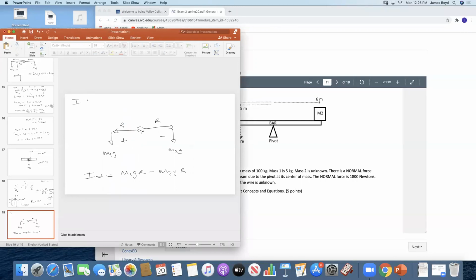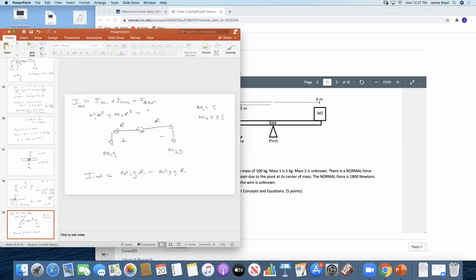Now, I for the whole system has to be I of mass 1 plus I of mass 2 plus I of the bar. I of mass 1 is just m1 R squared, and I of mass 2 is m2 R squared. It doesn't matter if they're negative or positive, you're just going to square them anyway. So these are both 6. And we know M1 and M2 now. So M1 we said was what, 5, and M2 was 35.